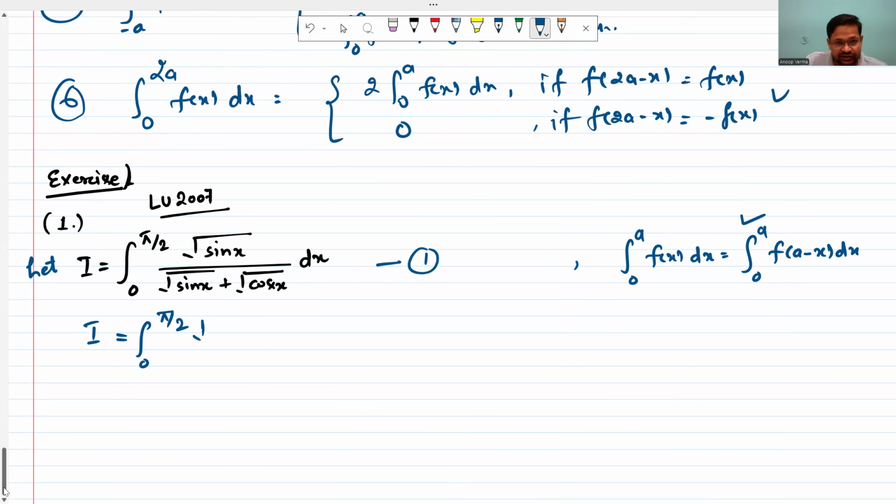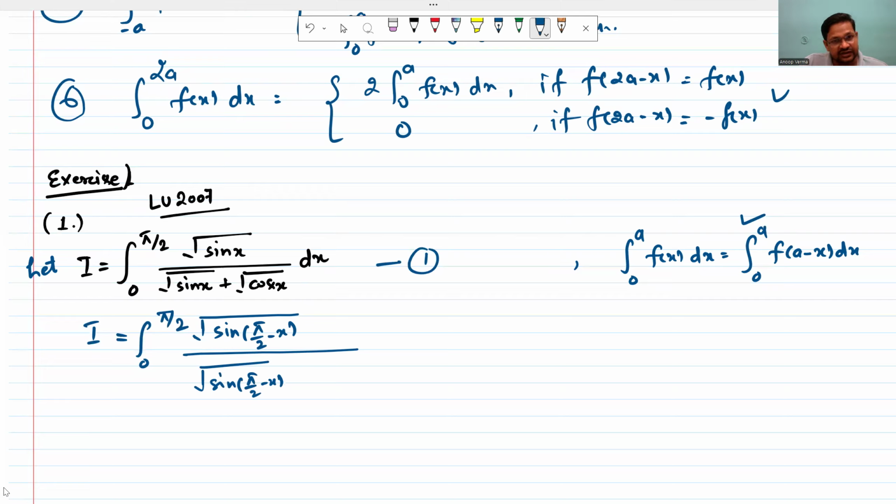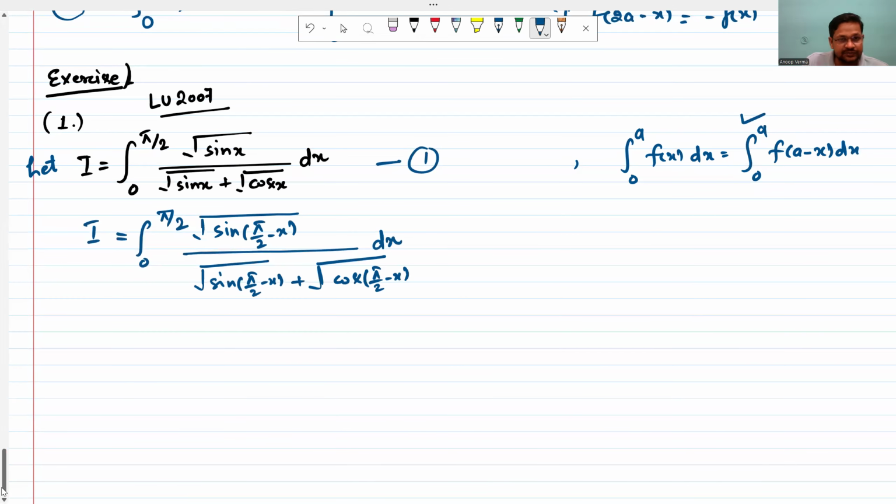So in this place you can just write root of sine of pi by 2 minus x, because a is pi by 2 here, divided by root of sine of pi by 2 minus x plus root of cos of pi by 2 minus x, dx.